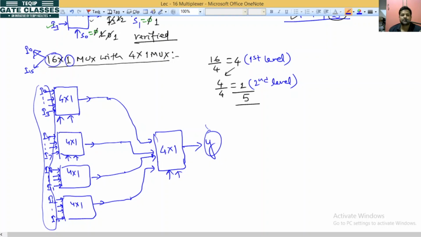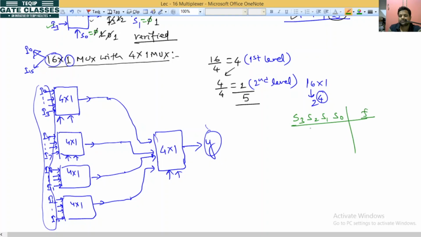Okay, now we have to decide about the selection lines. So 16x1, 16 can be written as 2 to the power 4. So how many selection lines? 4 selection lines we have. So these 4 selection lines are S3, S2, S1, S0. Okay na, and we have F here.